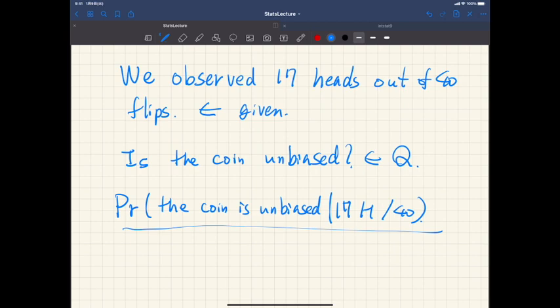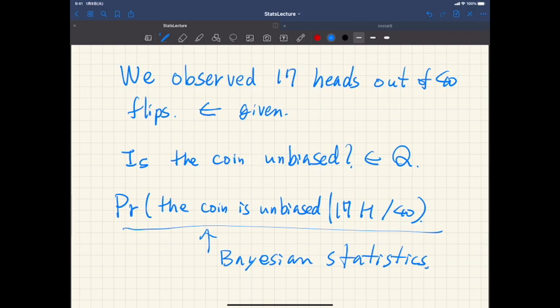On the other hand, if this probability is very small, close to 0, then we can be pretty sure that the coin is somehow biased, right? And indeed, this is the approach we use in Bayesian statistics. But that is not quite a standard approach.